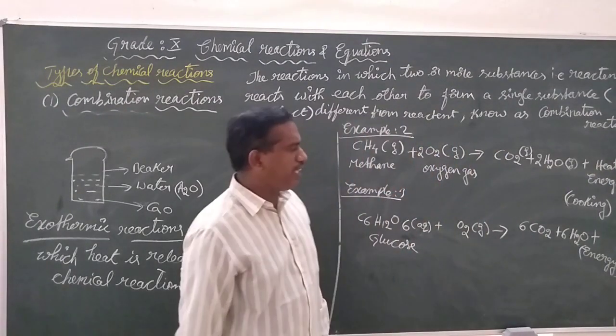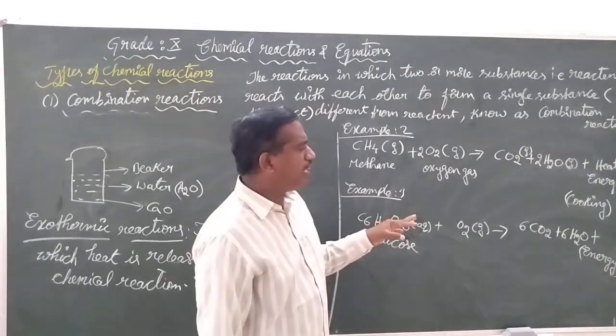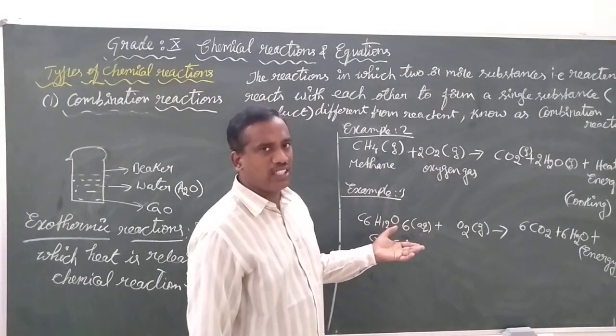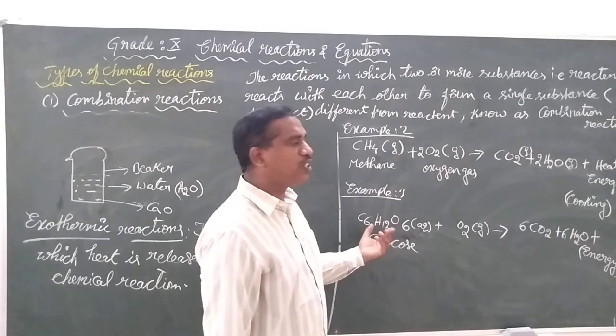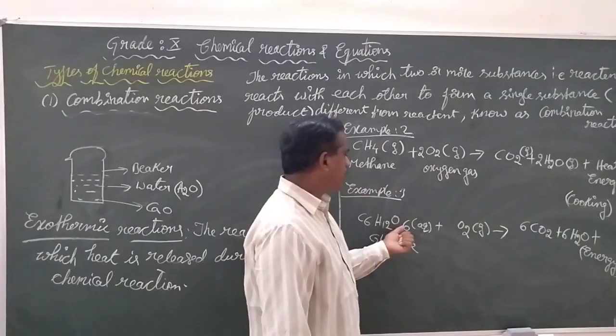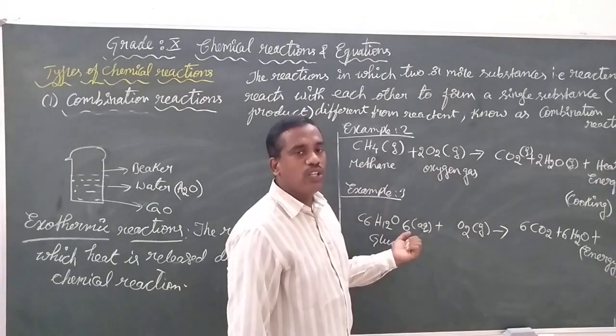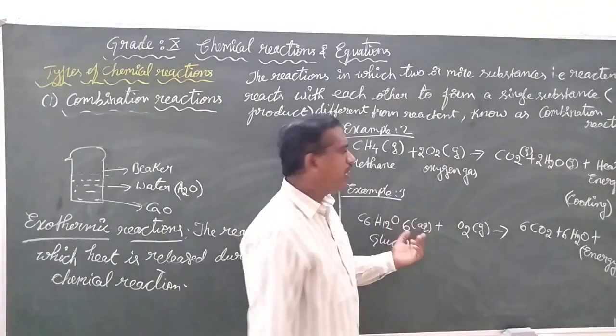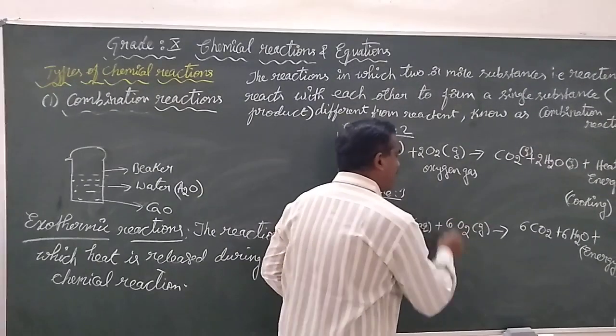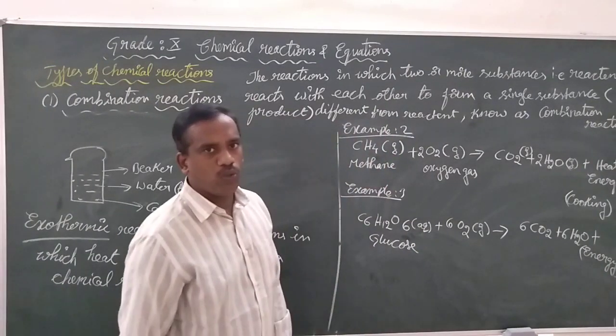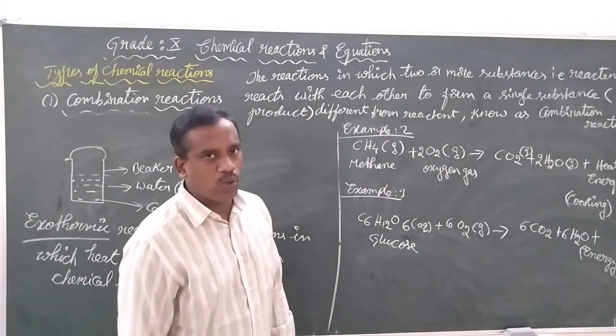Totally we have 18 oxygens. Looking at the reactant side, there are already 6 oxygens. So we need the remaining 12. The remaining 12 we can write as 6O2.